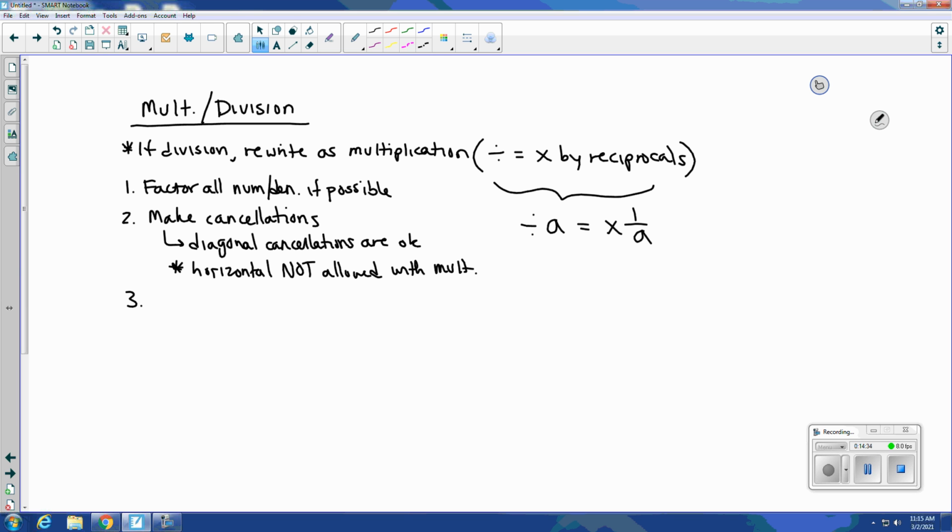Once we've made all the cancellations, then we're going to multiply across the numerators, then across the denominators.